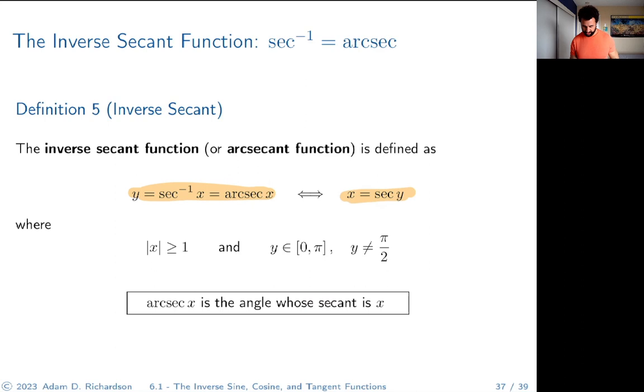The restriction is the same as it is for cosine, except we also have to cut out pi over 2. And how do you answer these types of questions? You say this out loud to yourself: arcsecant is the angle whose secant is x, and you work it out that way.